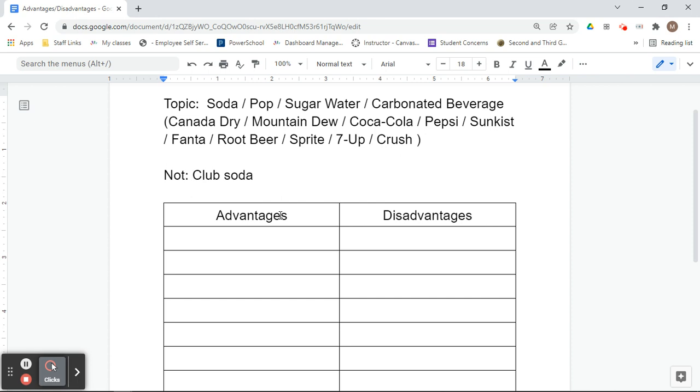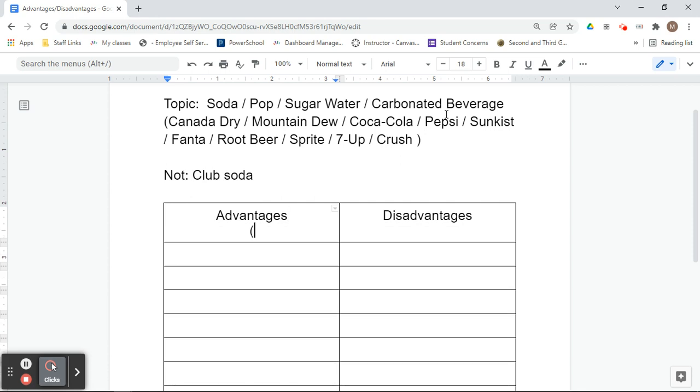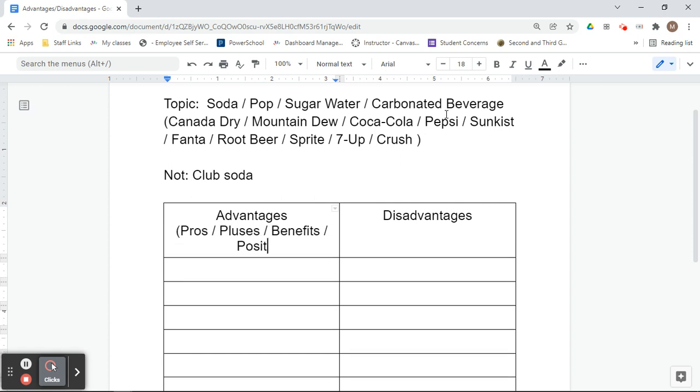When we're talking about advantages and disadvantages, we may want to also add some synonyms. Synonyms for advantages are the pros. A lot of times people also call them pluses. They could be considered the benefits, the positives, and also the good.